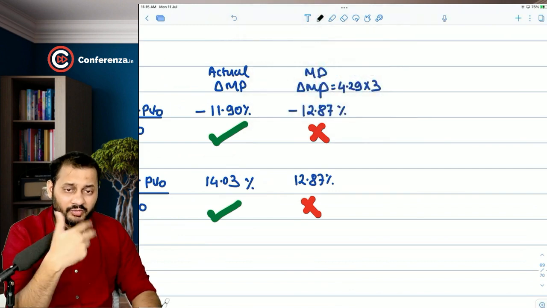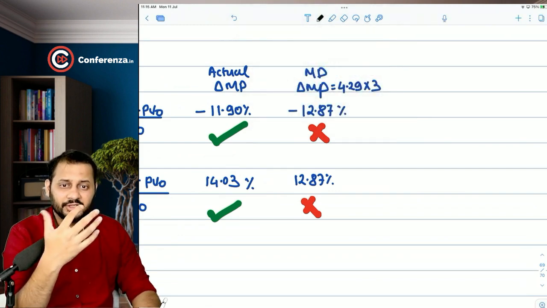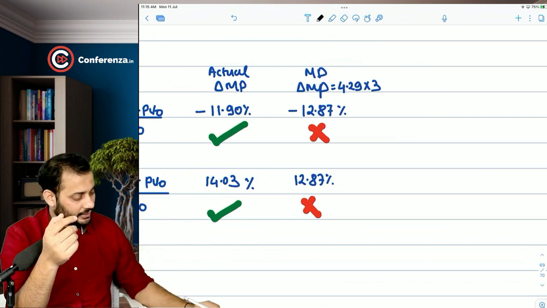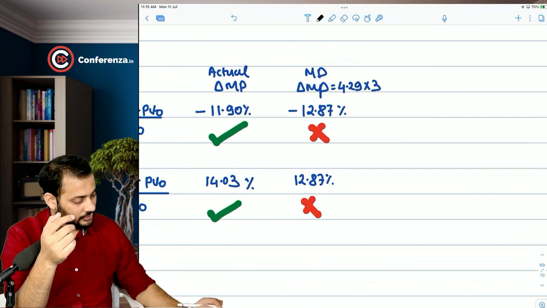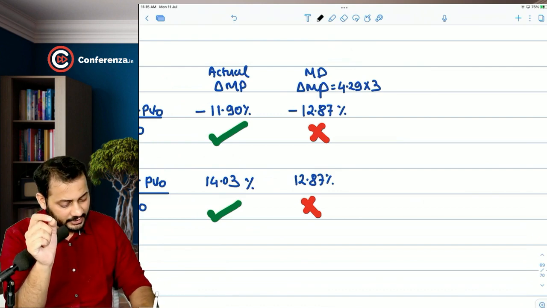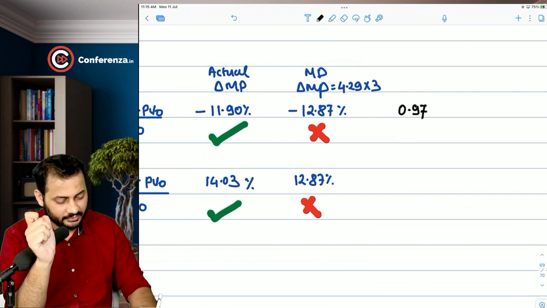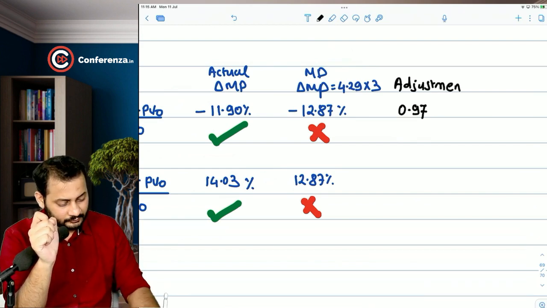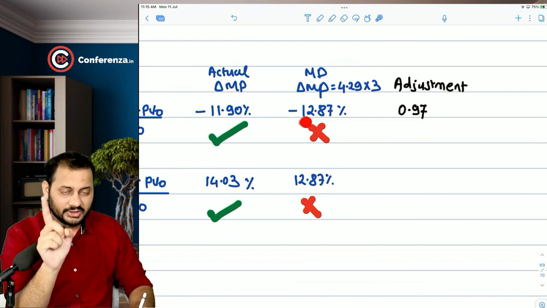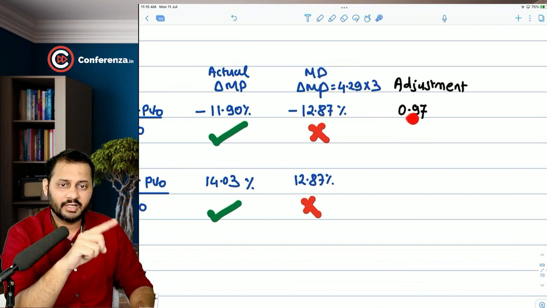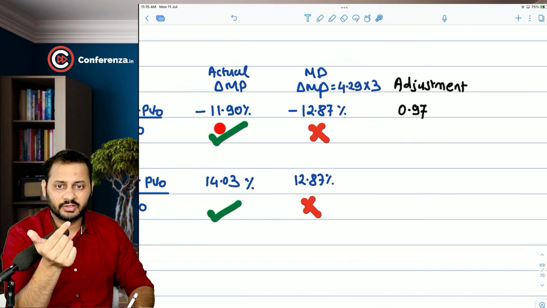How much will be the change in the first part from 11.90? 12.87 minus 11.90. Do you agree with me that we have to adjust by 0.97%? This will be called the adjustment. Minus 12.87 plus 0.97 will give you this figure, 11.90.